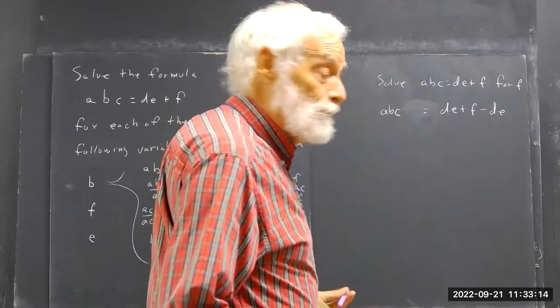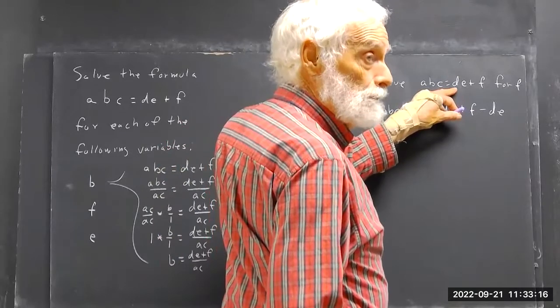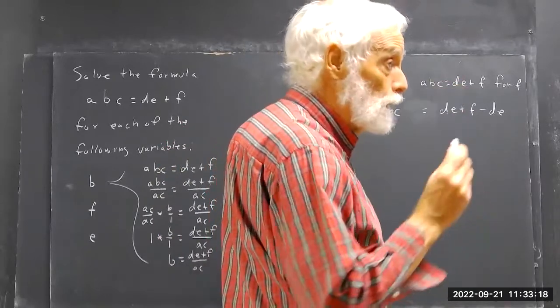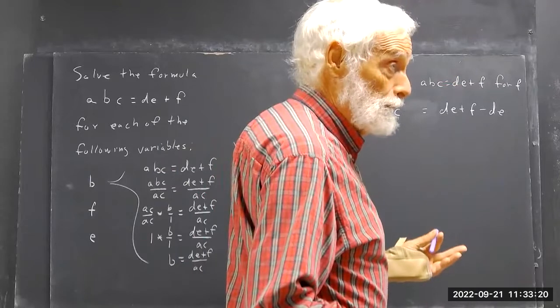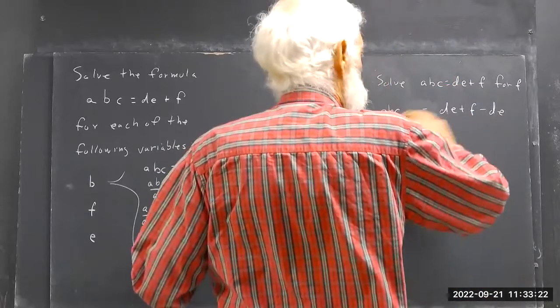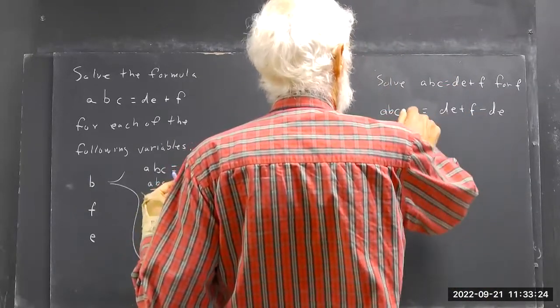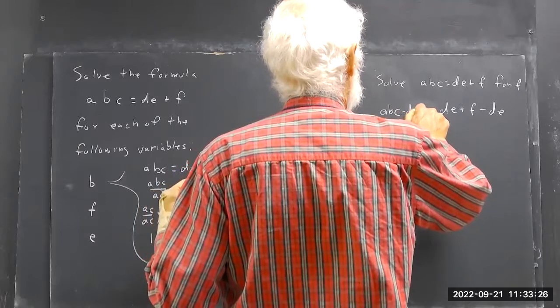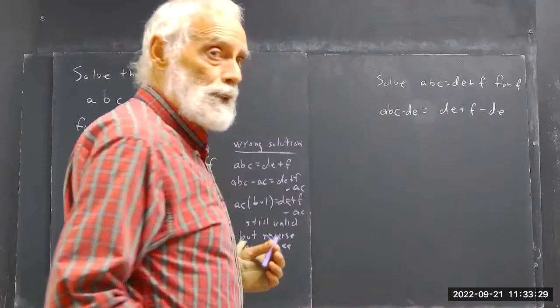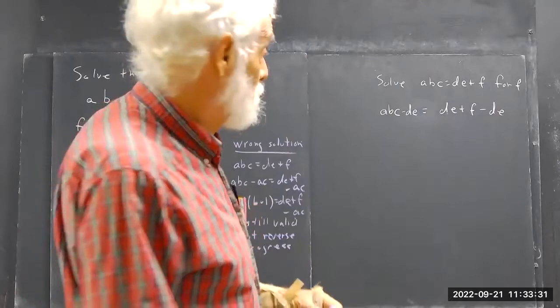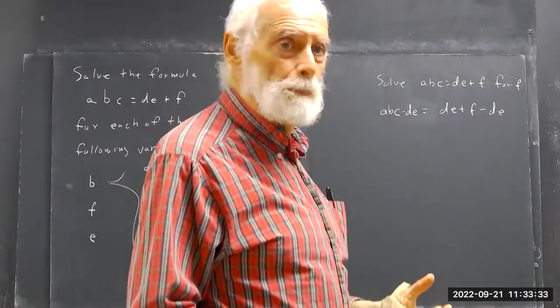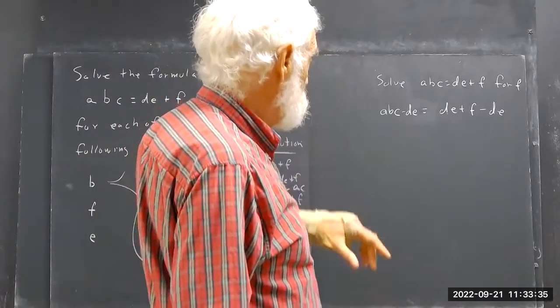But if I was dividing by DE, I know that DE divided by DE is 1. It's not 0, so it doesn't go away anyway. Okay, so dividing by DE is a bad idea for many reasons. It confuses the equation and leads to errors. That leads to increased probability of errors, and you want to reduce that probability.